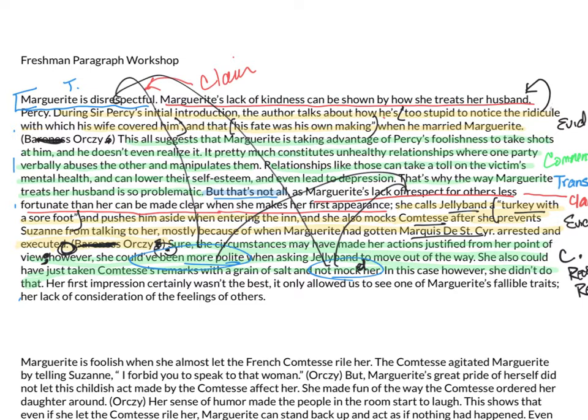Yes, but overall, I would say that is a good, solid return to that topic sentence and the claim. So, very last thing we have in this paper. Her first impression certainly wasn't the best. It only allowed us to see one of Marguerite's fallible traits, her lack of consideration of the feeling of others.